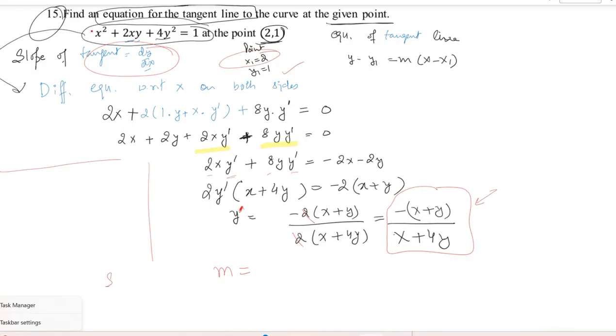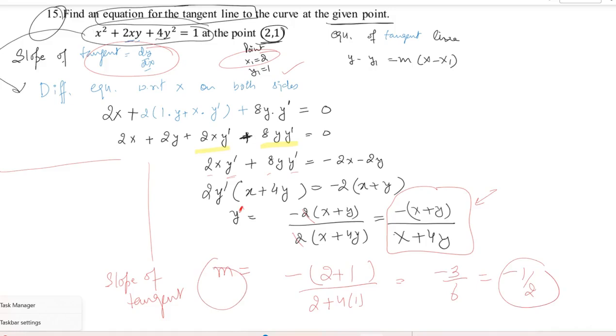So the slope of the tangent is negative 2 plus 1 over 2 plus 4 times 1, basically negative 3 by 6, negative half. That's your slope, m.